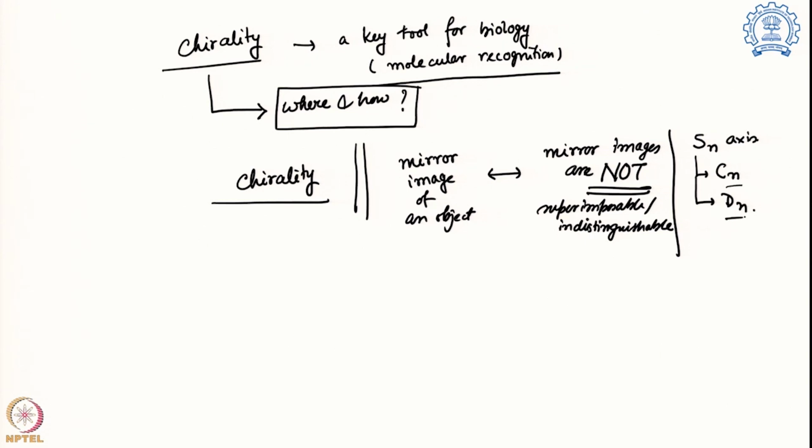So that we have learned so far, and one thing we also found is that chirality can be detected only by a chiral environment.